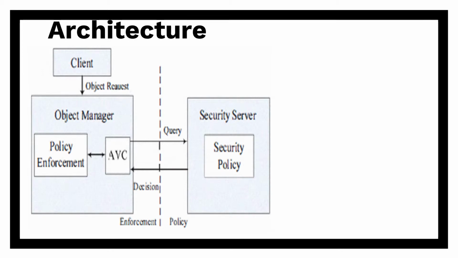Because the AVC has already cached the decision, the object manager will either deny the request or grant it. That is how SELinux makes decisions based on an object requesting access to a process or resource.